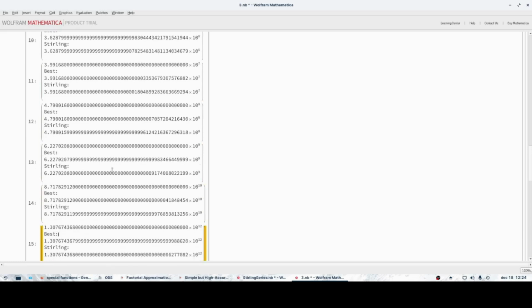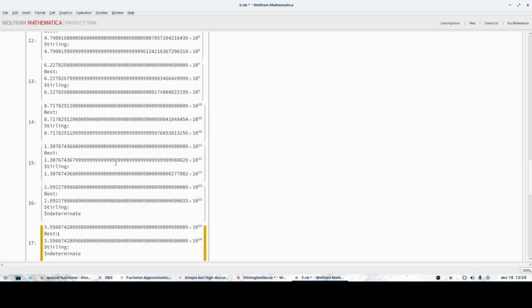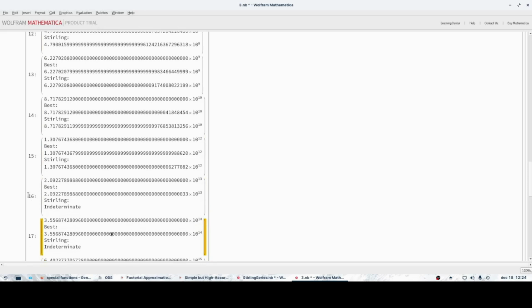Let's see how much we can go. Okay, for 16 factorial I cannot compute the coefficient for the Stirling series, but 15 is the last where I can, and here again is, I don't know, too big a number to show here. These are not decimals but real numbers.